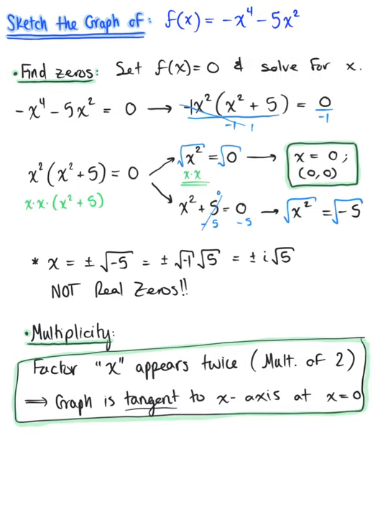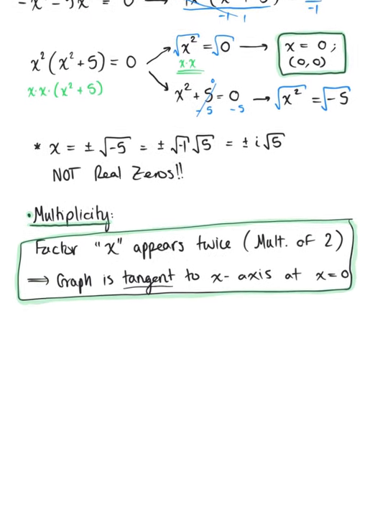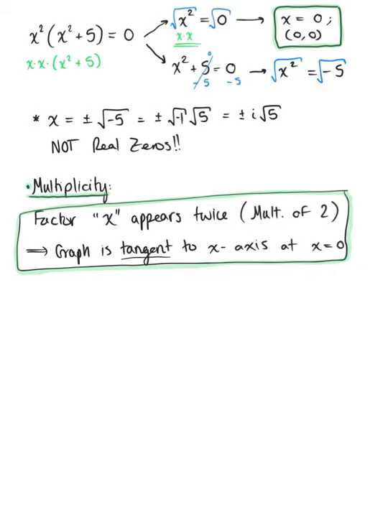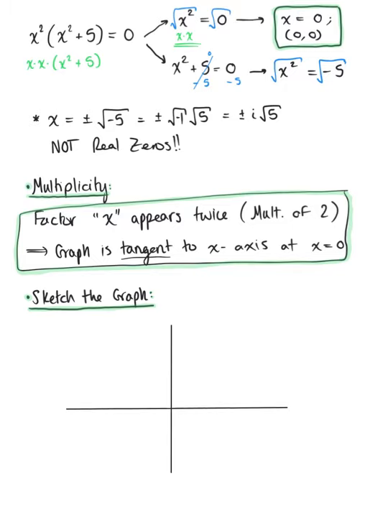And so we'll give ourselves plenty of room. And so here we go. We are going to sketch the graph of this beautiful polynomial function. So we have the y-axis, and we also have the x-axis.